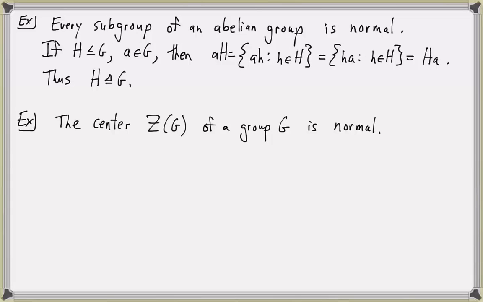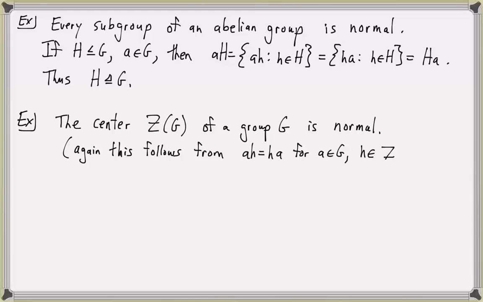This just follows from the fact that any element in the center will commute with every element of G. So again, this follows from the fact that aH equals Ha for any a in G, and H in the center of G.